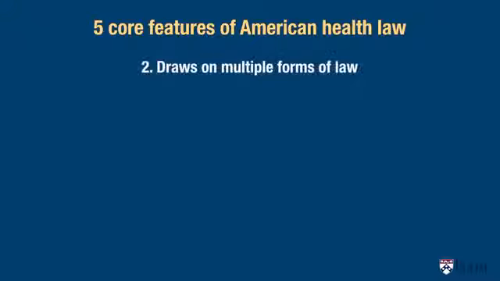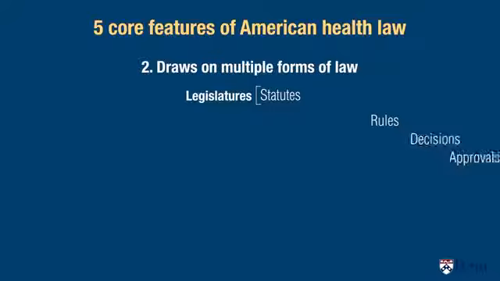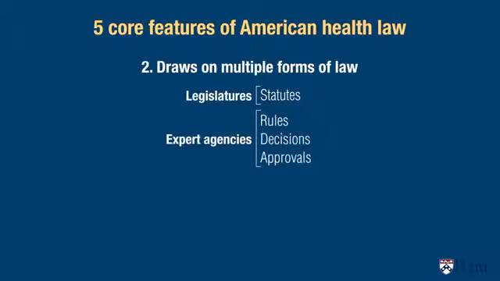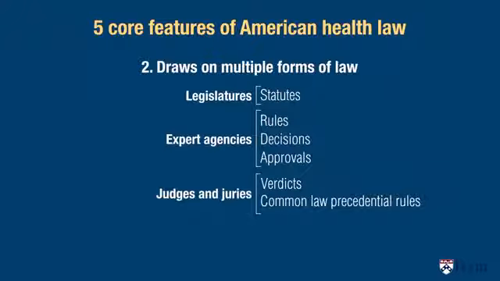Second, from a legal perspective, what's notable about health law is how many forms of law it draws upon. Law in the U.S. is made in multiple kinds of ways. Legislatures can pass a statute. Expert agencies can issue rules or decisions or approvals. Judges and juries can decide legal rules one case at a time through jury verdicts or common law precedential rules.